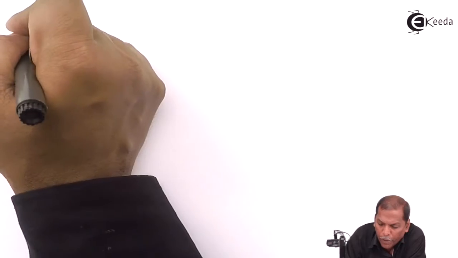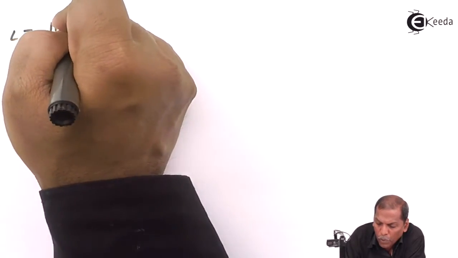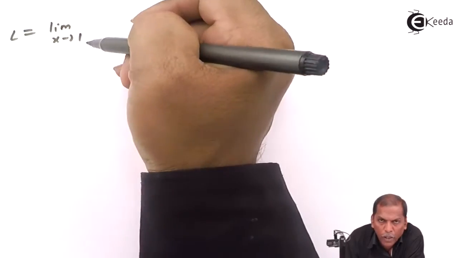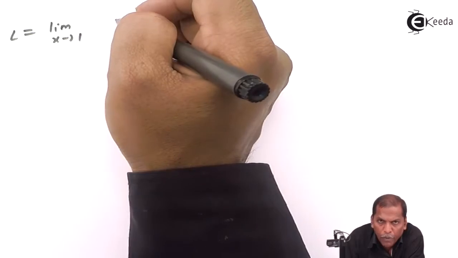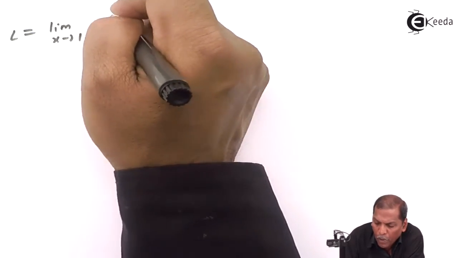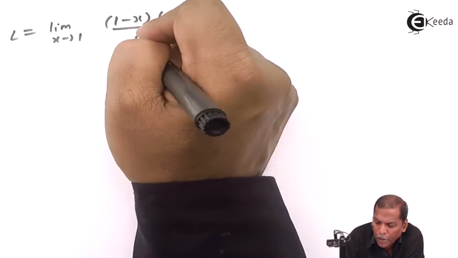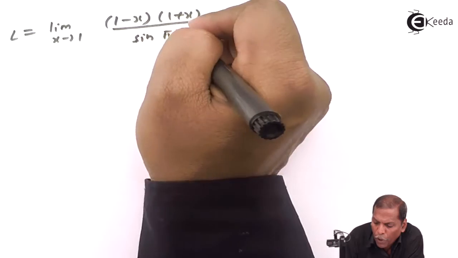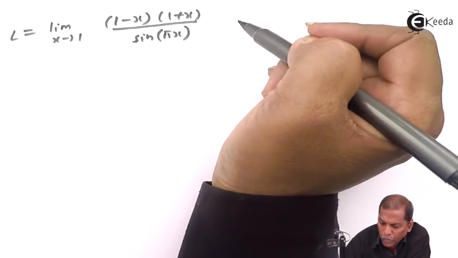So the next step will be, we write L is equal to the limit as x tends to 1. Now 1 minus x squared, which is of the type a squared minus b squared, can be written as (1 minus x) and (1 plus x) in the numerator, and sine pi x we write as it is in the denominator.